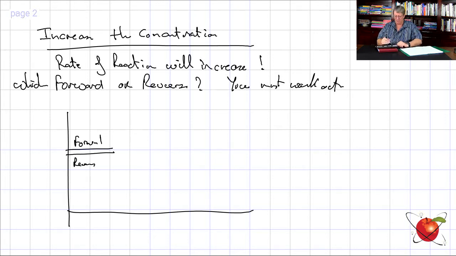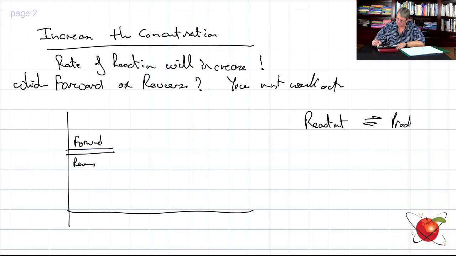Now I said we changed a concentration. Let's just have a theoretical reaction: let's call it reactant going to product. Now we can increase reactant. Let us first of all increase reactant.